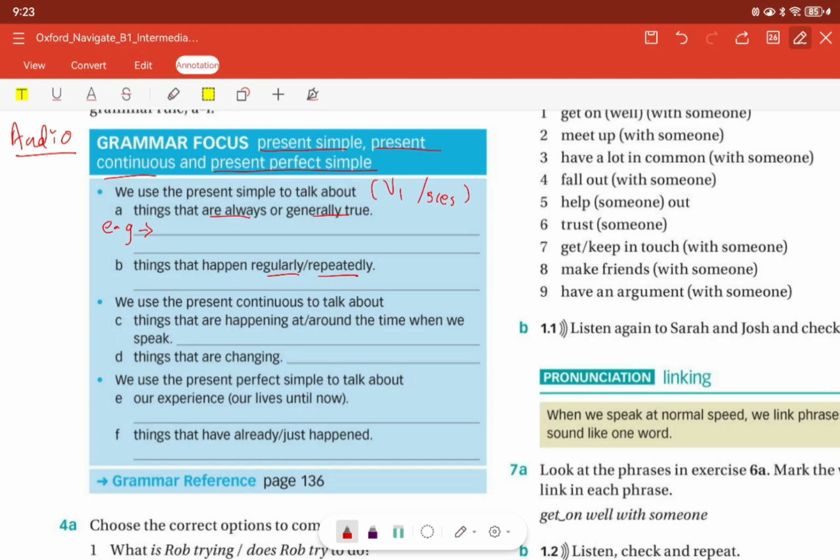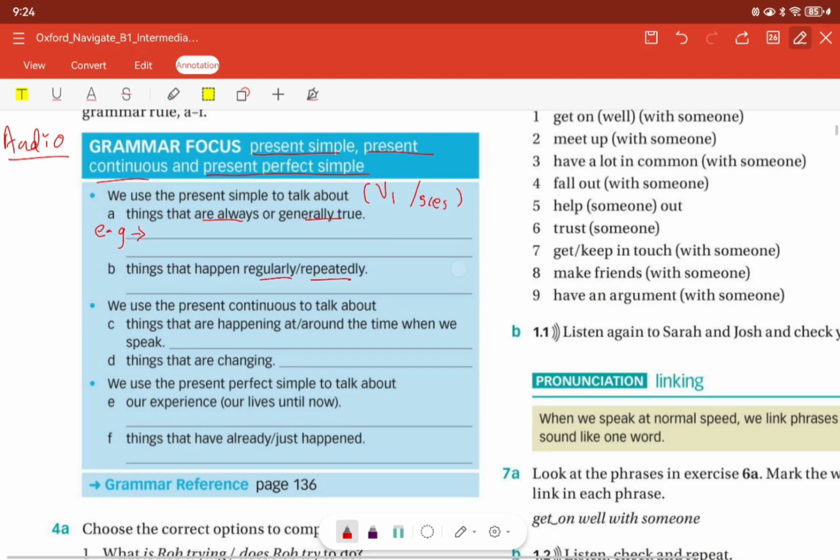Today I would like to talk about grammar focus: present simple, present continuous, and present perfect simple. First, let's begin with present simple. We use the present simple to talk about things that are always or generally true. For example, we can say the sun always rises in the east.